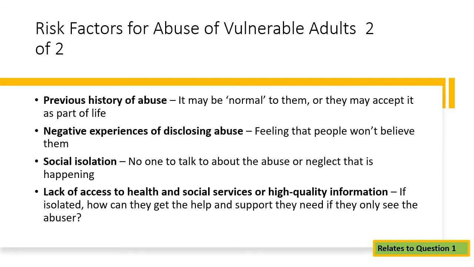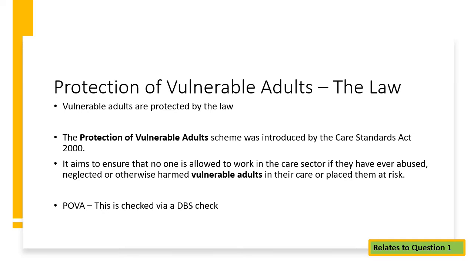So vulnerable adults are protected by the law, and the Protection of Vulnerable Adults scheme was introduced by the Care Standards Act in 2000. This aims to ensure that no one is allowed to work in the care sector if they have ever abused, ever neglected or otherwise harmed a vulnerable adult in their care or placed them at risk. The POVA, which is the Protection of Vulnerable Adults scheme, is checked via a DBS check.